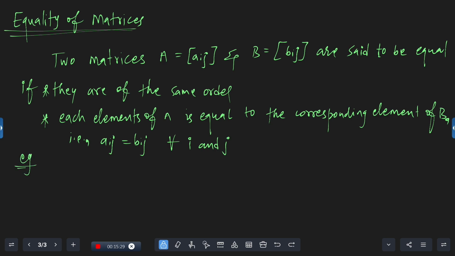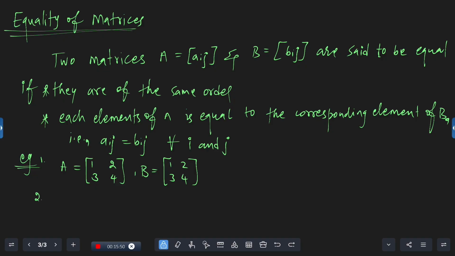Example I will give, then you will understand. Example number 1: A equals, if I give any numbers, suppose 1, 2, 3, 4, then the B matrix also should have 1, 2, 3, 4. This is one example.